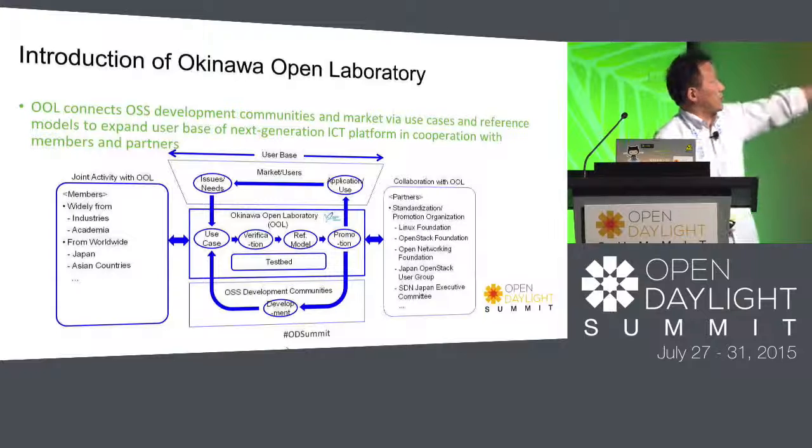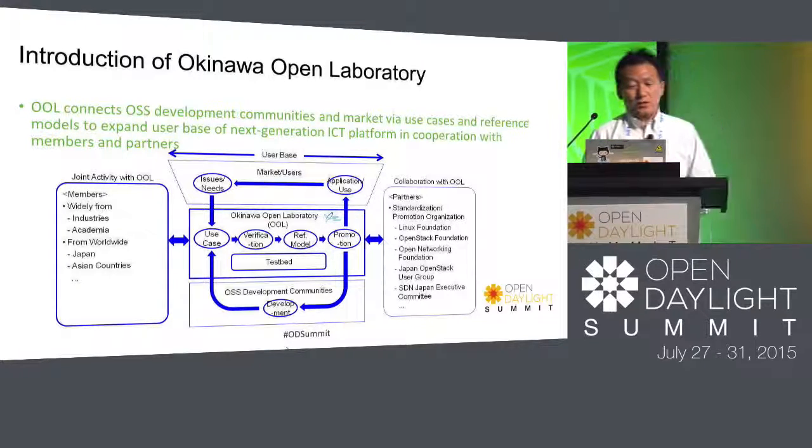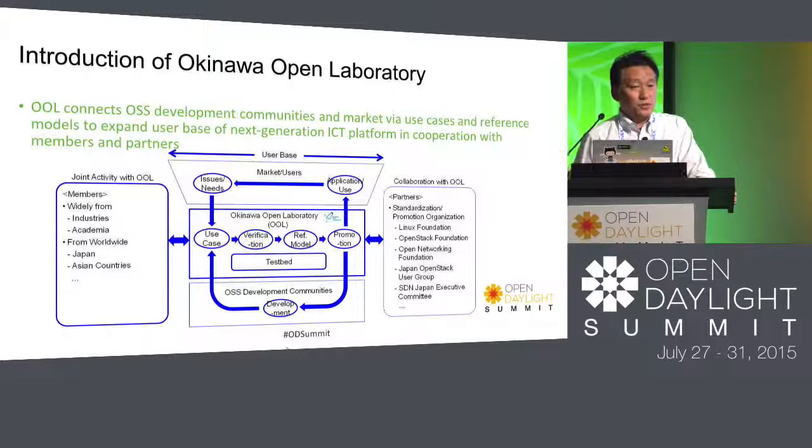The upper side is the market and users, and the lower side is the open source development communities, that means technology providers. Our laboratory sits in the middle between the market and development.